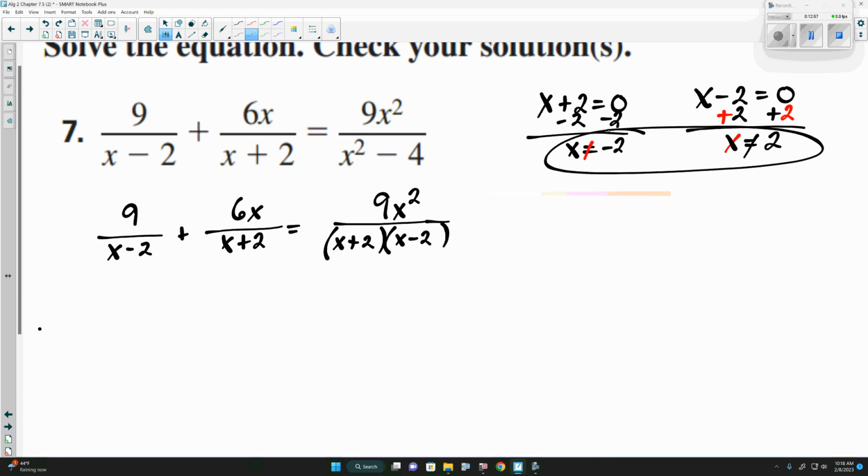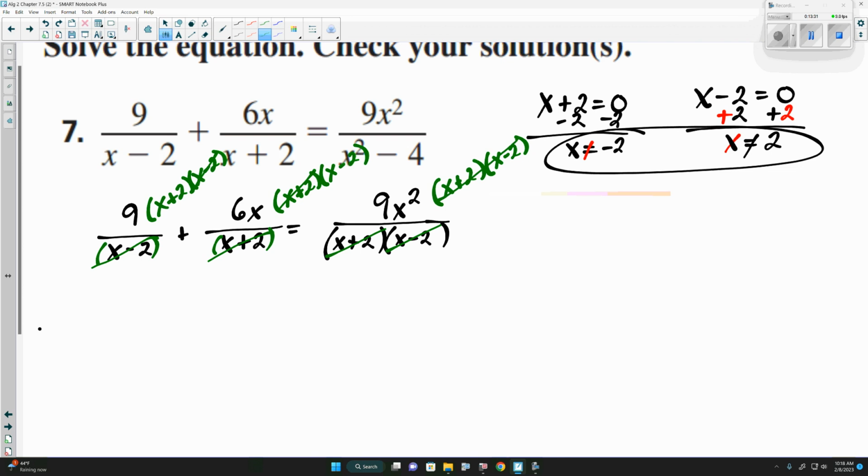Now what do we need to do next to solve? So multiply them by? Yeah, x minus 2 and x plus 2. Because we're multiplying them by x plus 2 and x minus 2 so that we get these fractions to simplify. Because in the first one, the x minus 2 and x minus 2 would cancel. The one in the middle, the x plus 2 and x plus 2 would cancel.